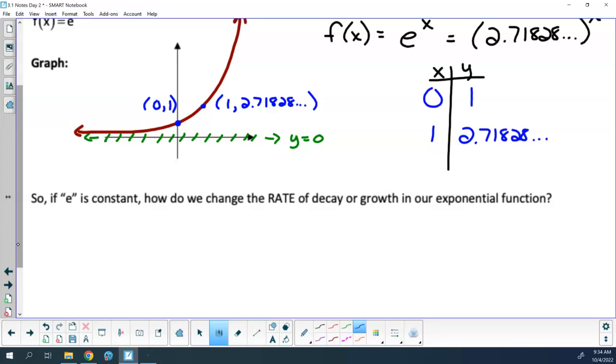Where would the negative sign be? That's a great question. On the exponent. Yep. So it's controlled in the exponent.